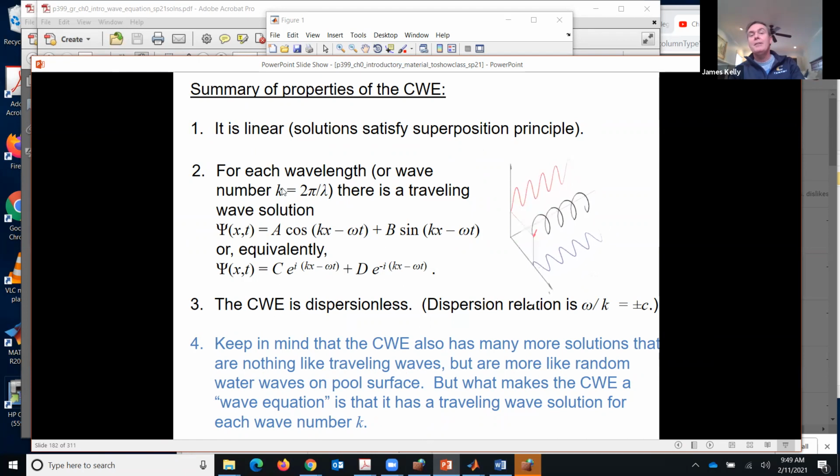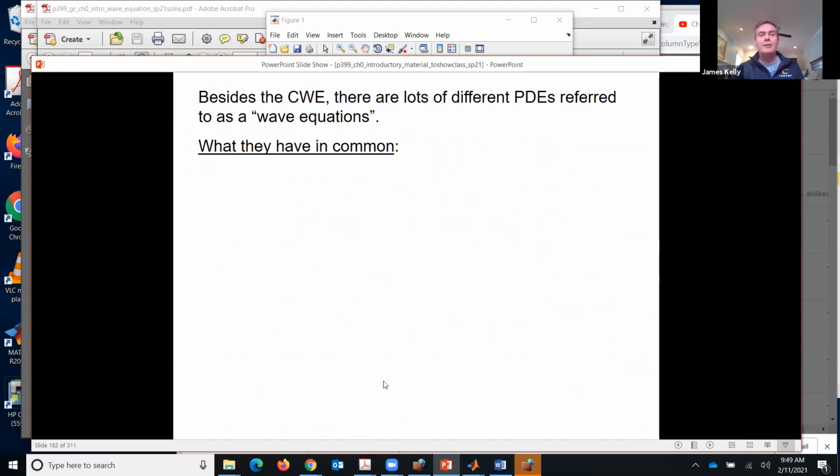For each wavelength, for each k value, we have traveling wave solutions. It's dispersionless. And it's important to keep in mind that the traveling wave solutions are very particular ones, but more generally there are solutions that don't look at all like traveling waves; these are just more convenient ones. And it's because there are traveling wave solutions that we tend to call this PDE a wave equation at all.